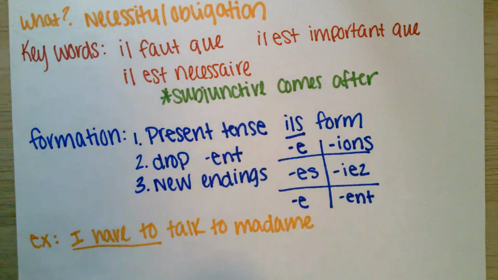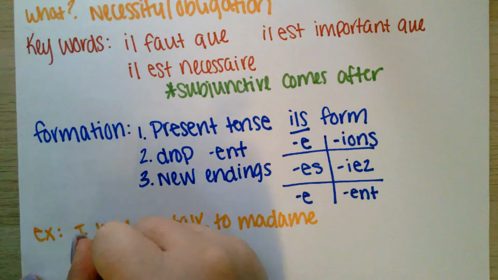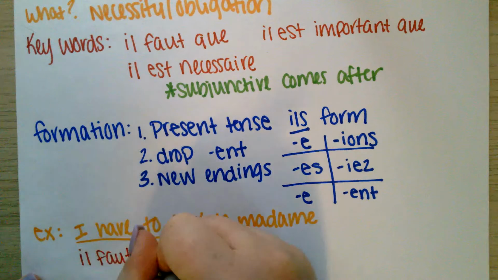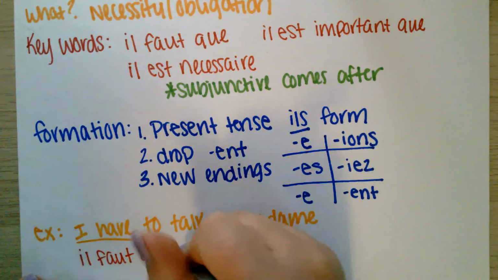It doesn't matter which keyword we choose, but let's just do il faut que, because that's probably the one that you'll see the most. So il faut que. Now we need the je. Il faut que je.